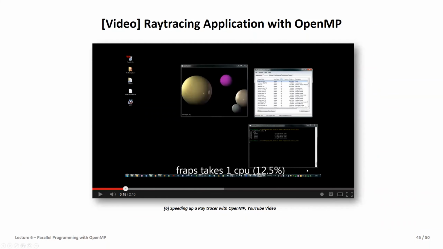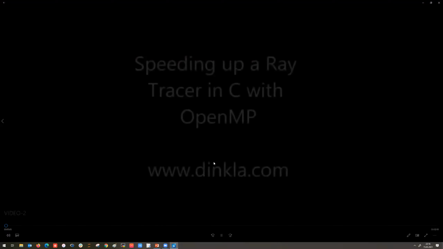I want to close this second part of the lecture with a small demonstration of why it's valuable and how it is also used in other application areas, like ray tracing, for instance. This is a nice example because it also shows you the scalability, adding more and more threads to the problem.